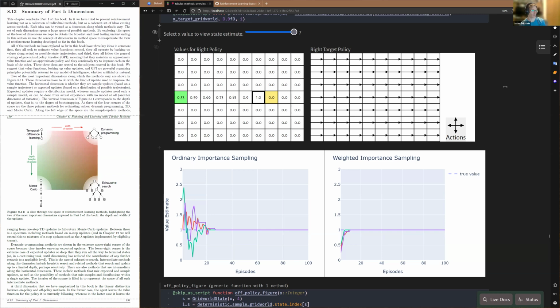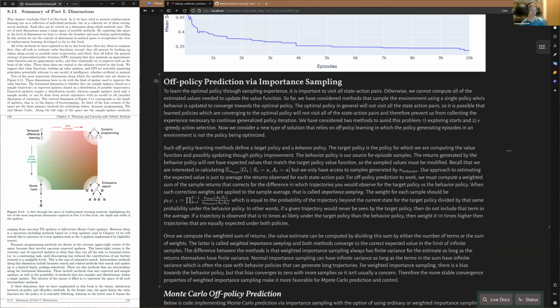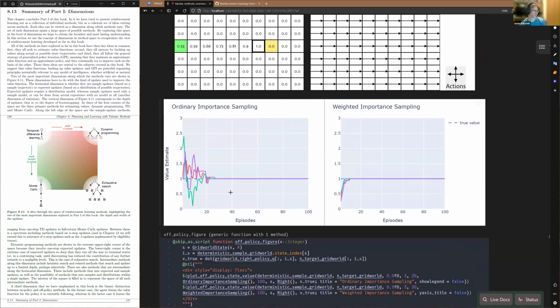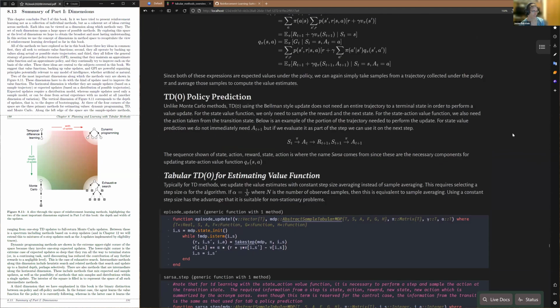That means the importance sampling weights get larger and you get much higher variance in the estimate, and it takes longer to converge. Anyway, if you want to know more details, you can look at the full notebook on Monte Carlo methods, but it covers importance sampling and then off-policy control.